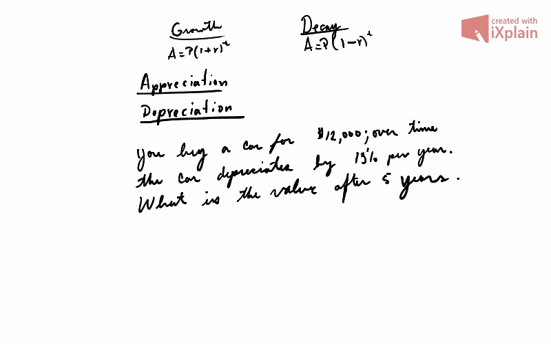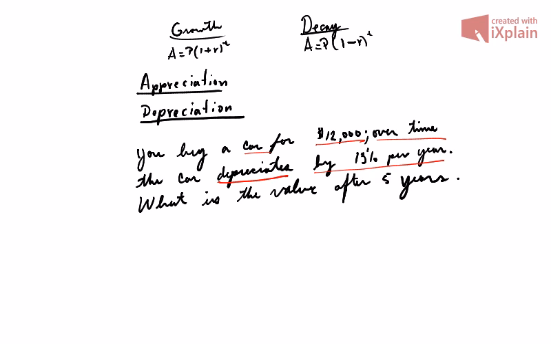Well, first off, we've got to understand that we've got keywords or sight words, and one of the sight words that we focus on in these types of models is normally it tells you how it grows. So it says you buy a car for $12,000 over time depreciates by 13% per year.